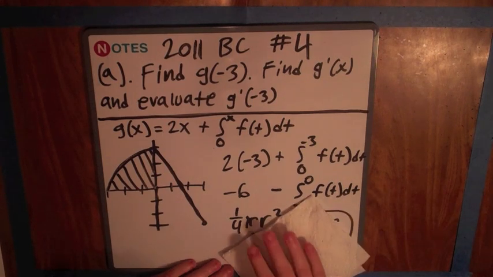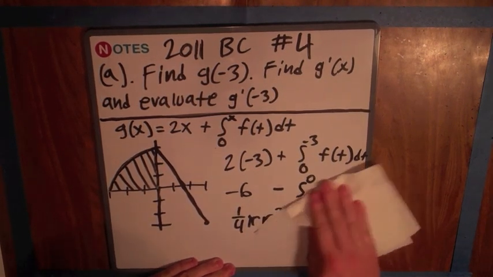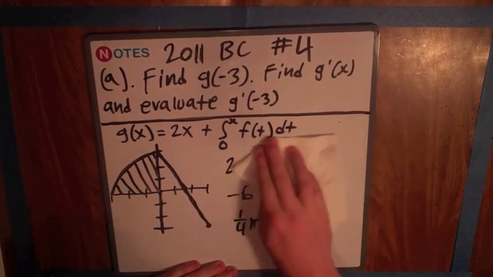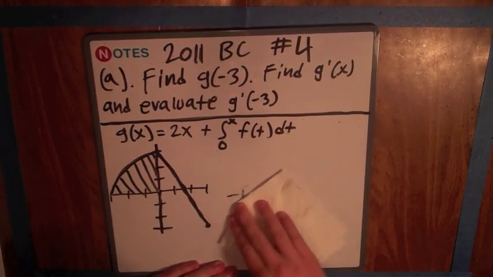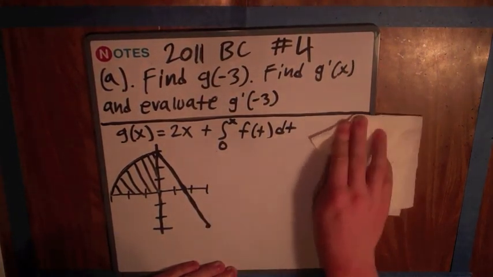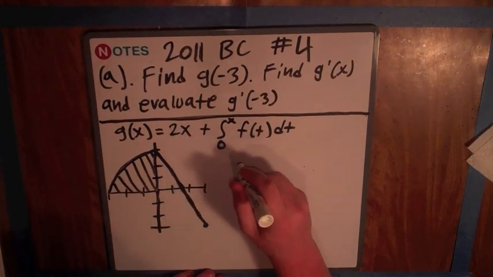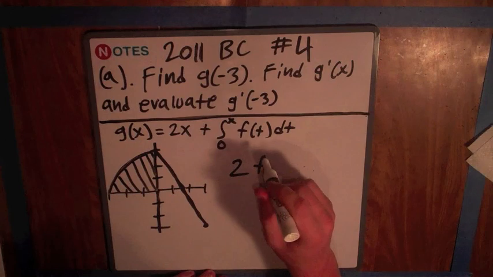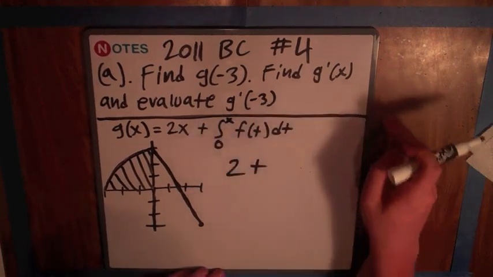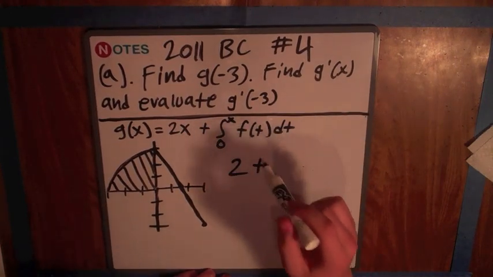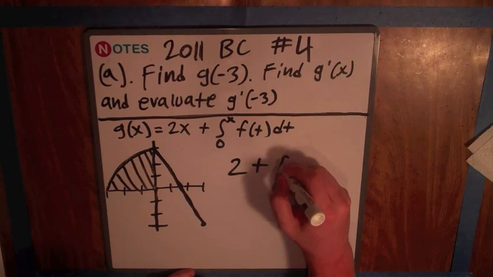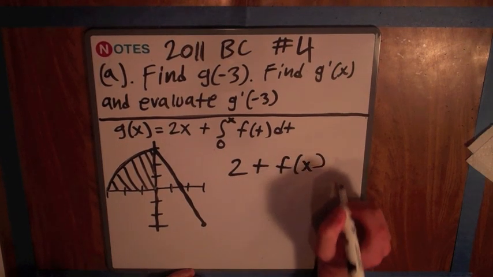Next is finding g prime of x. For this, we're just going to be taking the derivative of g of x, so the derivative of 2x is just 2, plus the derivative of this integral, which comes out as f of x.